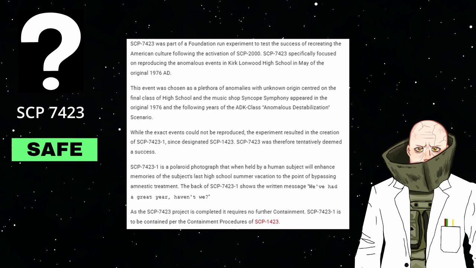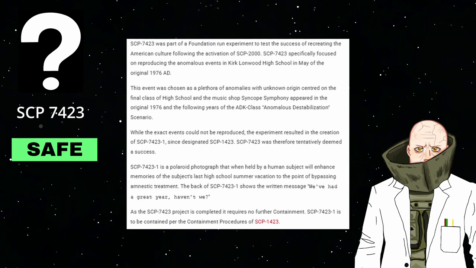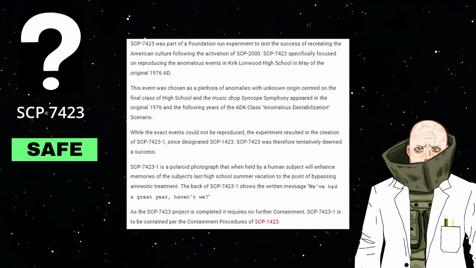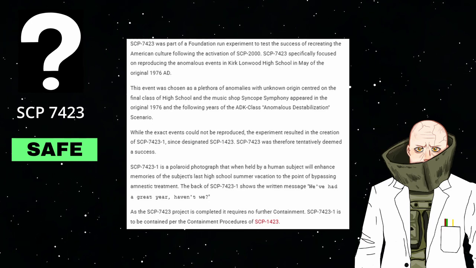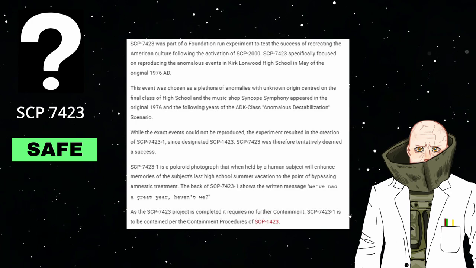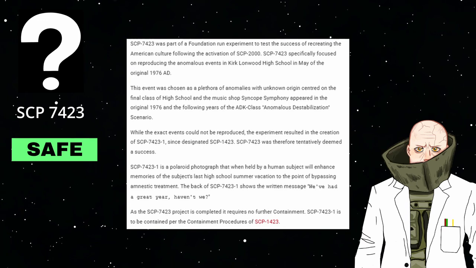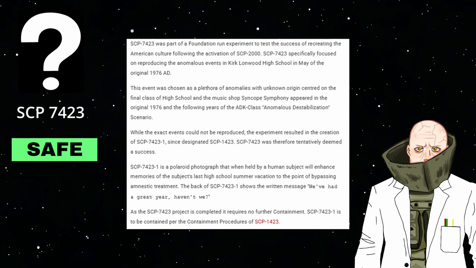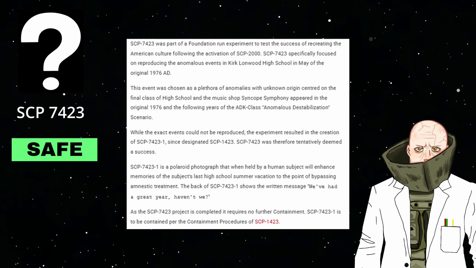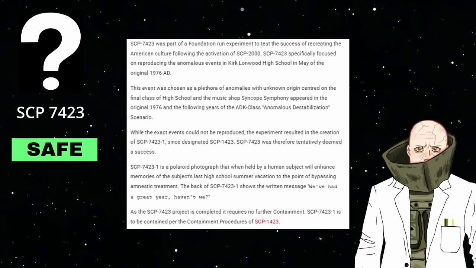The event was chosen as a plethora of anomalies with unknown origins centered on the final class of high school, and the music shop Syncope Sympathy appeared in the original 1976 and the following years of the ADK class anomalous destabilization scenario. While the exact events could not be reproduced, the experiment resulted in the creation of SCP-7423-1. 7423 was therefore tentatively deemed a success.